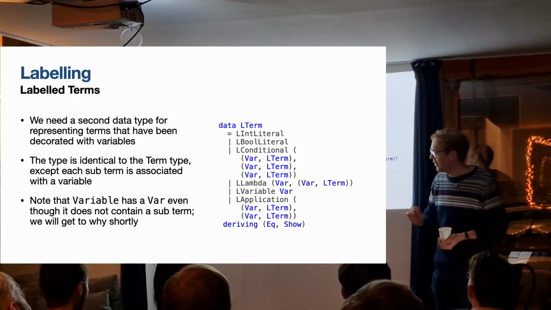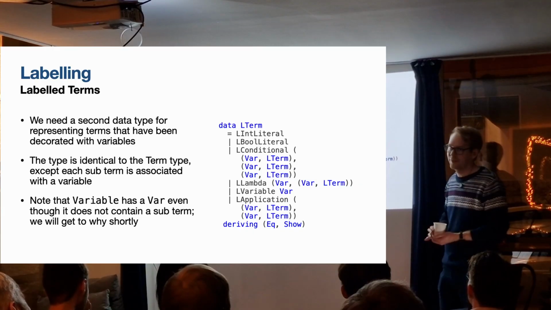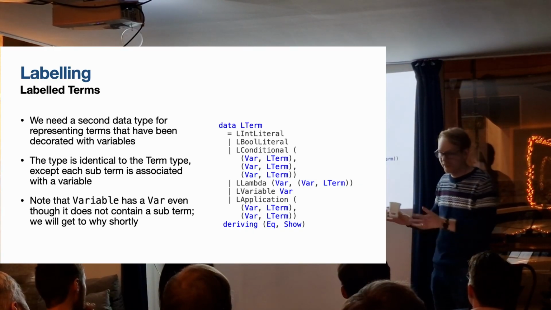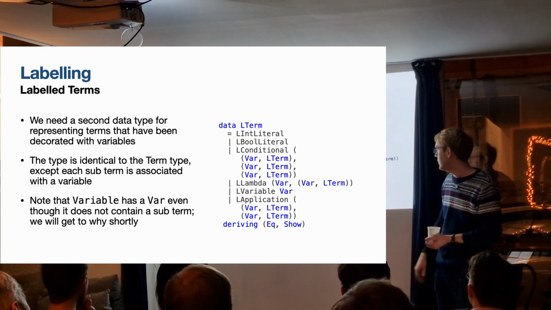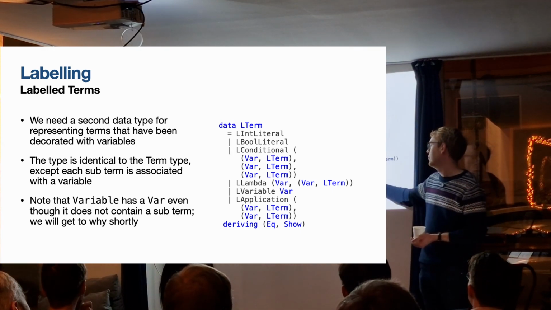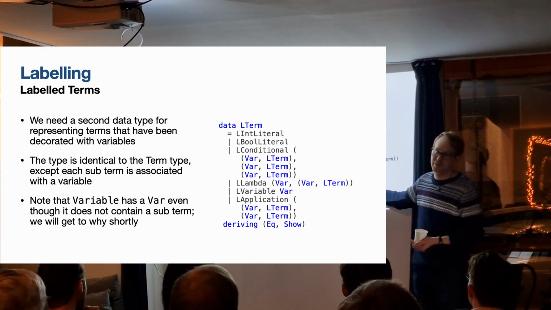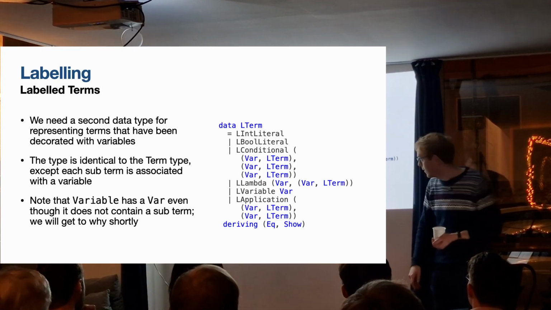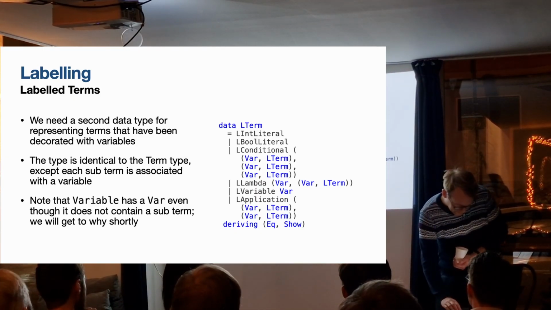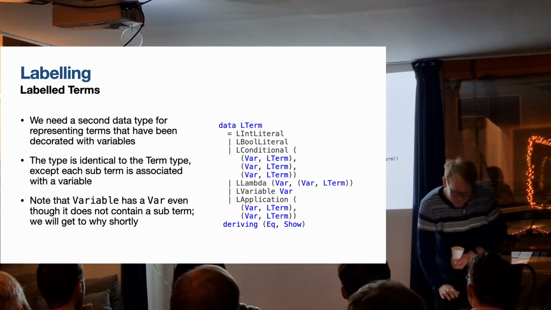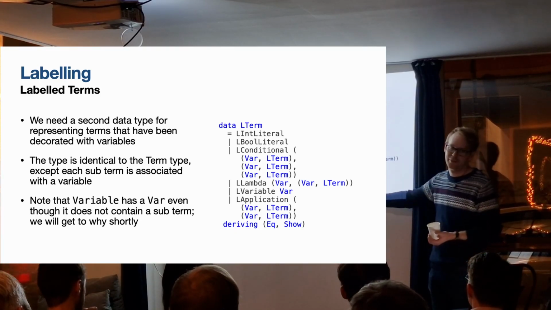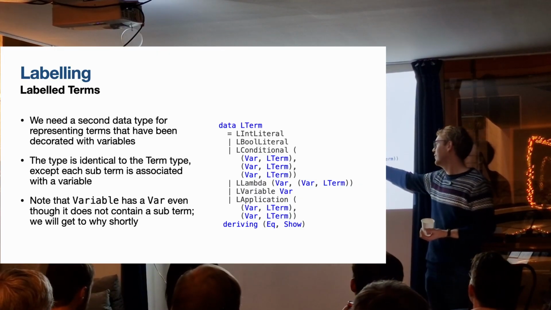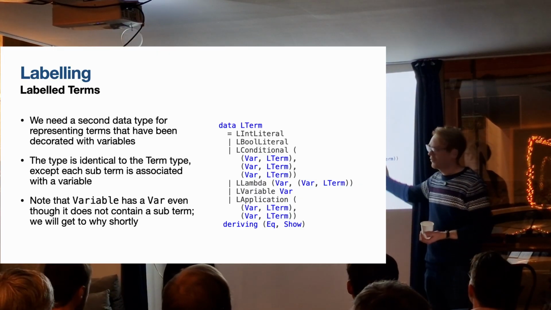Well, like I said, there's a neat little trick we can apply here that leverages the fact that we're tracking constraints. And again, application has 2 terms, so you also replace those with pairs of variables and terms. Okay, and the L is supposed to stand for labeled, so labeled literal, labeled conditional, etc., etc.